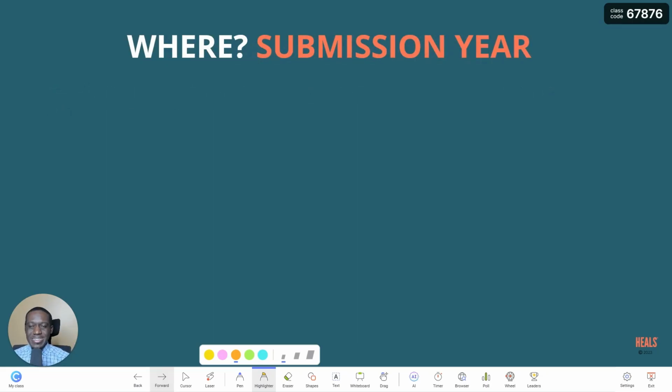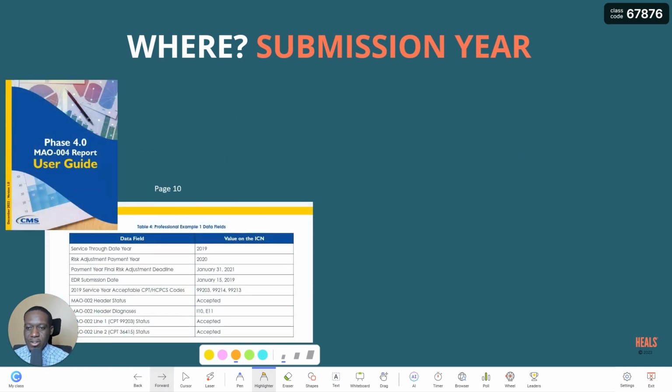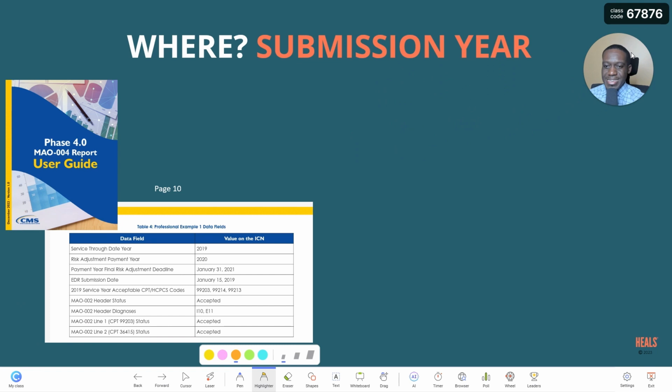Where do we see submission year? I have two examples here, like always. If you look in the Phase 4.0 MAO-004 report user guide, and you look through the user guide, you will see service year being used. For example, in this table, which is on page 10 of the user guide, you can see service year here.